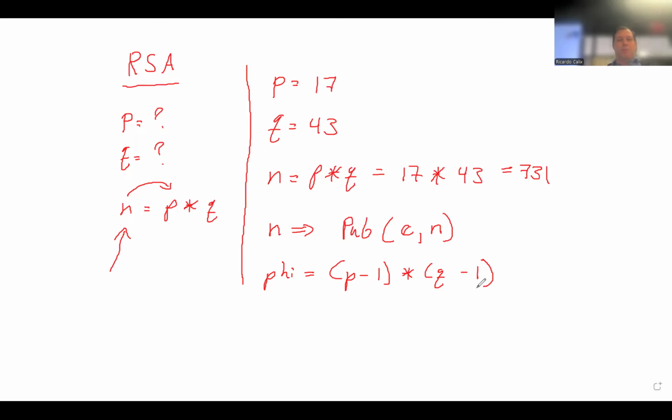In our example, it's 16 times 42, which is equal to 672.